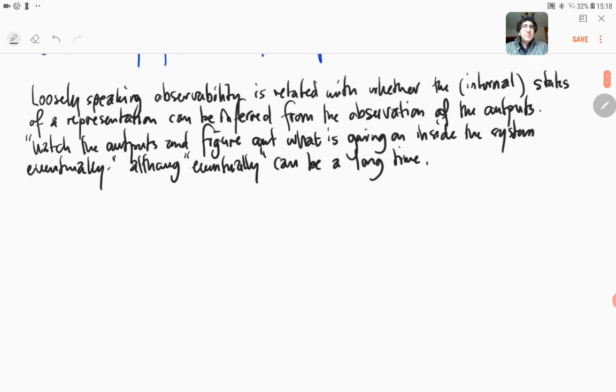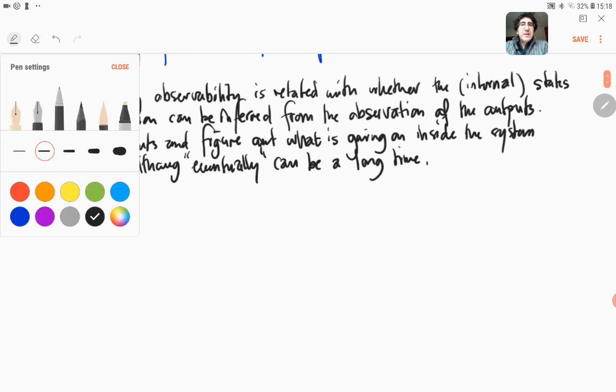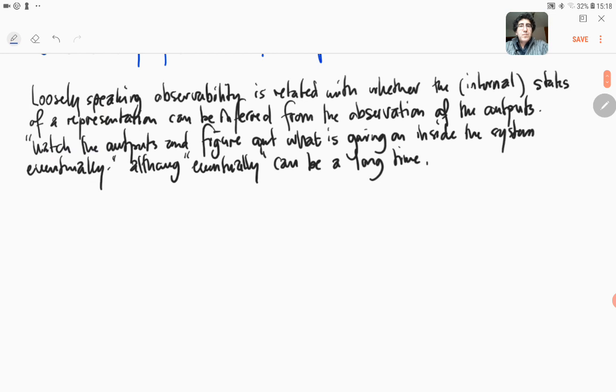So let's make a formal definition of observability now. Definition, mathematical definition of observability. Again, the definition starts with the definition for an initial state. We first define whether an initial state is observable or not.